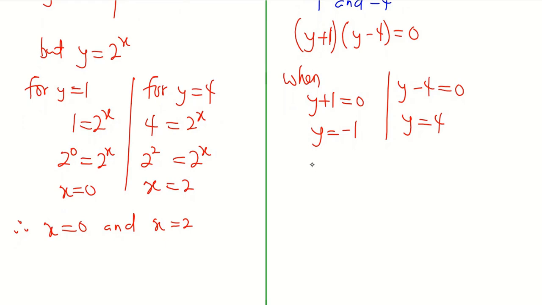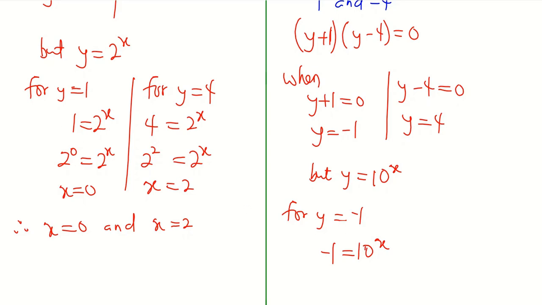So remember, we said that we should let y be equal to 10 exponent x, which means wherever we see y value, we are going to put into this equation. So we said for y equals to minus 1, then our x value for this is minus 1 to be equal to 10 exponent x.